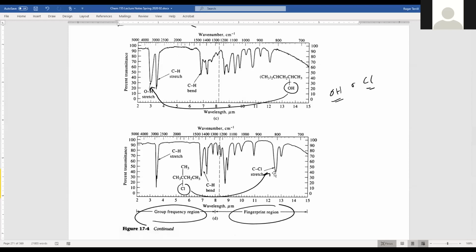But this really is a group frequency, because this band belongs to the CCl stretching motion. What that means is that even if it's a fairly large molecule, the motion that gives rise to this peak is almost all localized in this CCl bond.